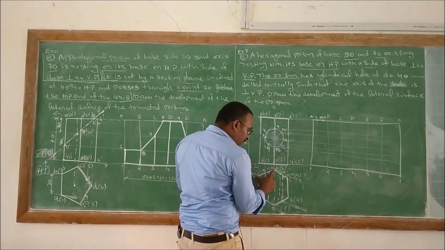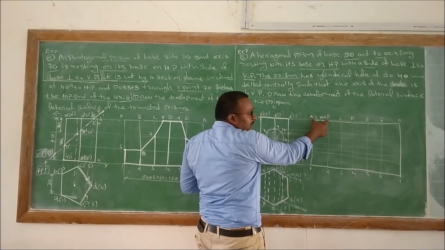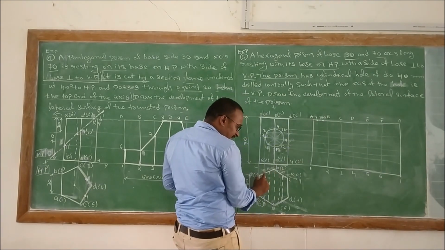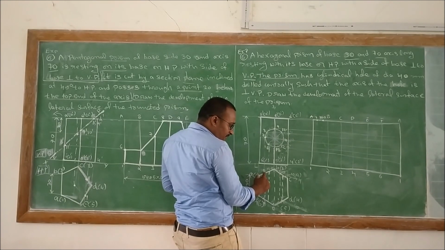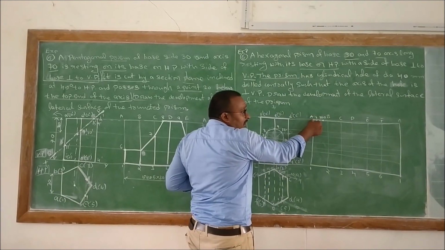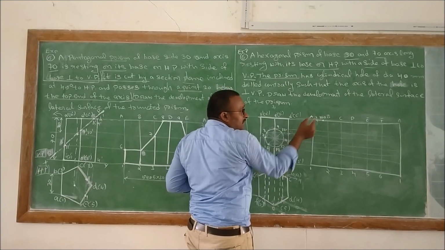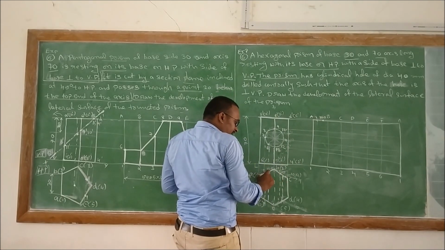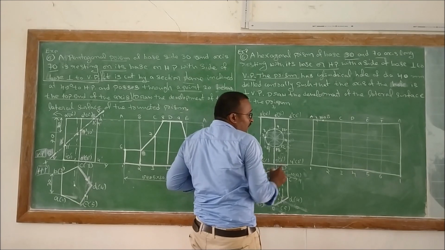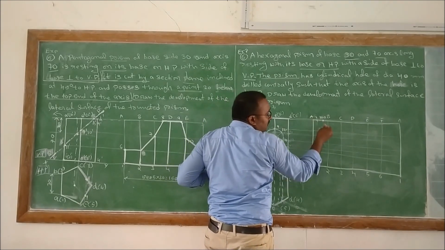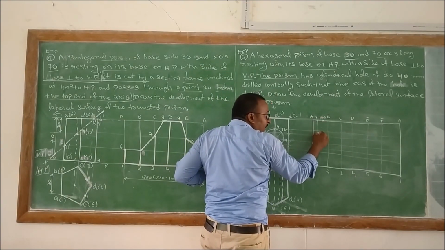Then take the distance A to 7 and cut an arc onto the horizontal line. In a similar way, take the distance from A to 14, cut an arc on that, and then draw vertical lines from that point.